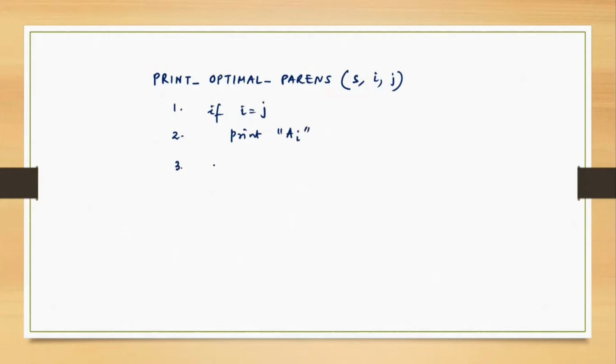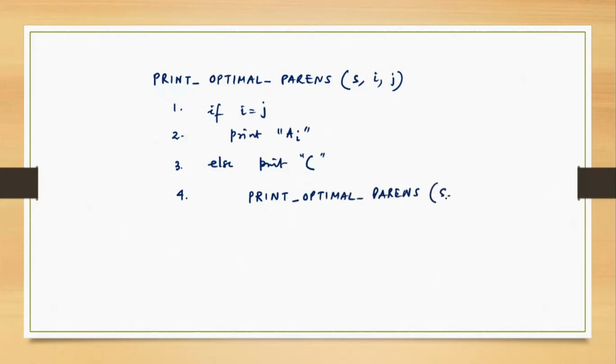Otherwise, that means else, you print the opening parenthesis. That means you are dividing the problem into sub problems, s of ij. This part needs to be under the else block. Under else, you call the function recursively, print optimal parens.